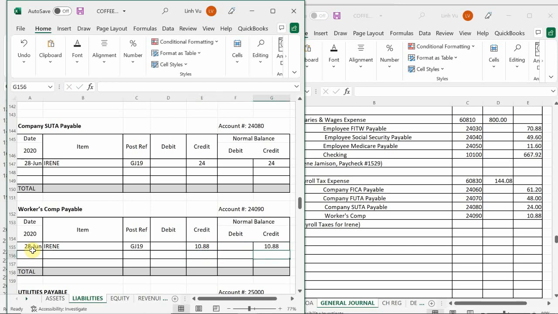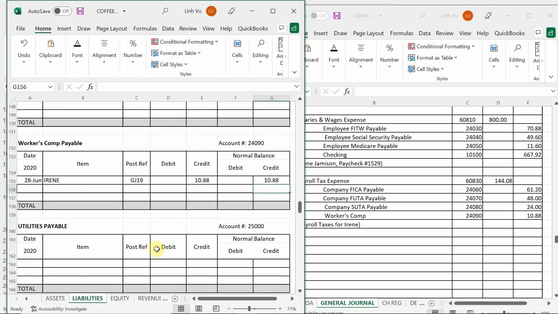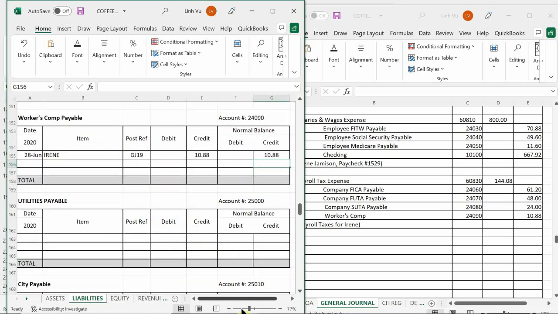And that is all we have to do for calculating Irene's paycheck and her taxes that she has to do, and the company's responsibility for paying into those same taxes for having Irene. Okay.